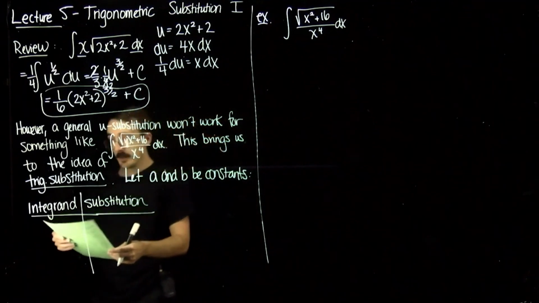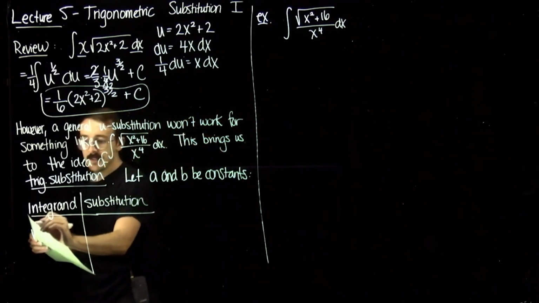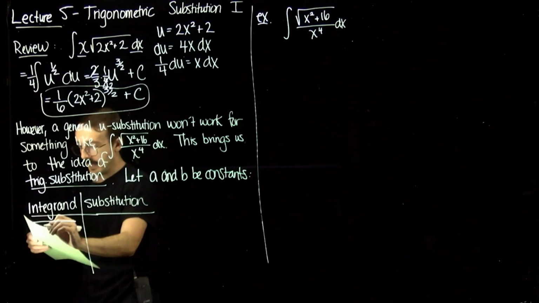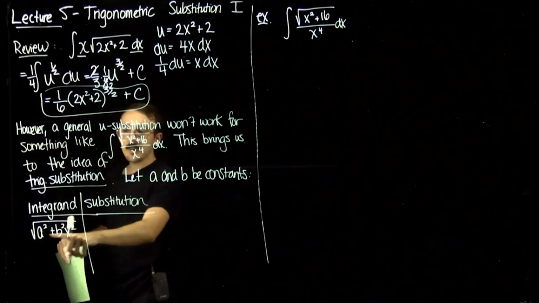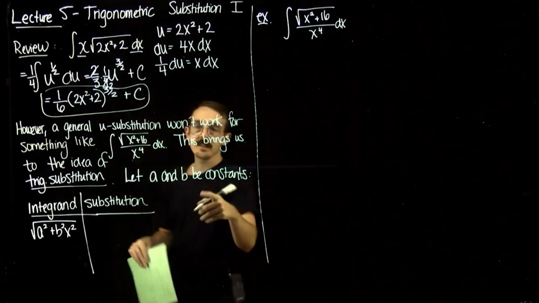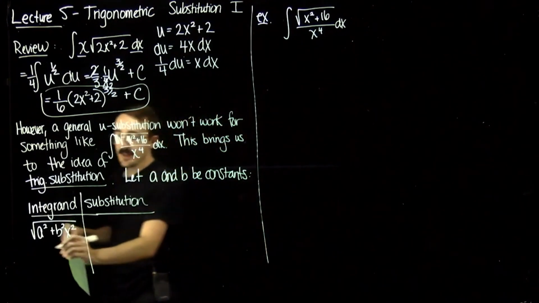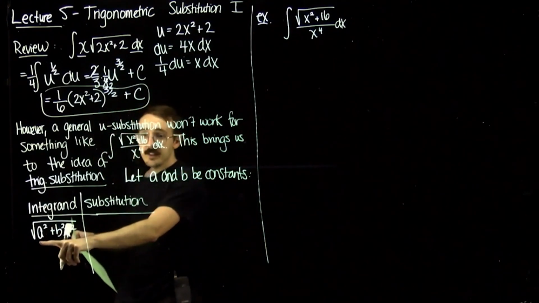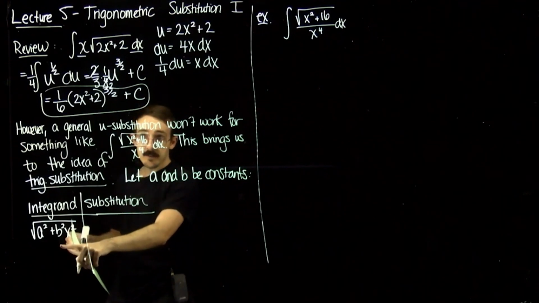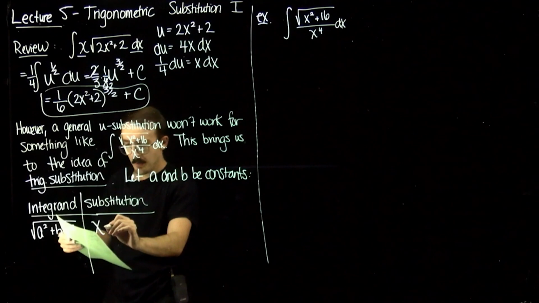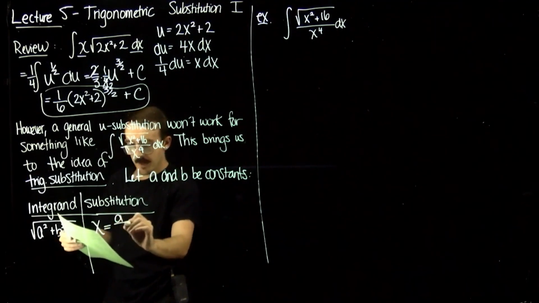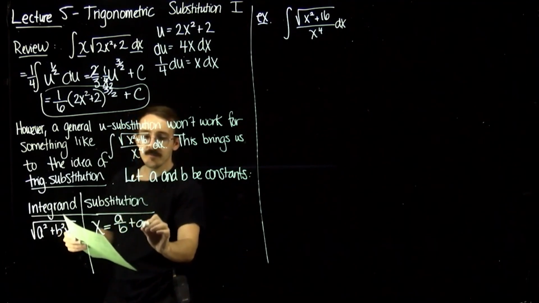The first form that you would see is the square root of a squared plus b squared x squared. Here a squared and b squared are just some constants that could appear. The substitution you would want to make here is x equals a over b tangent theta.